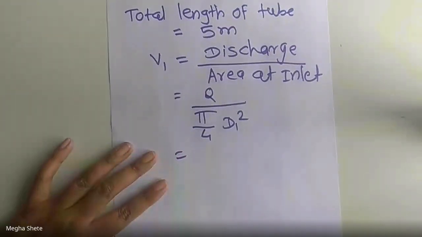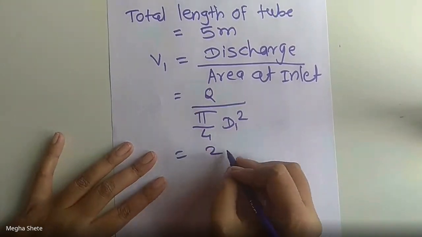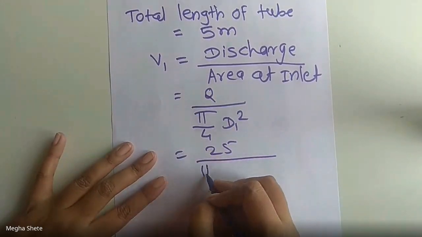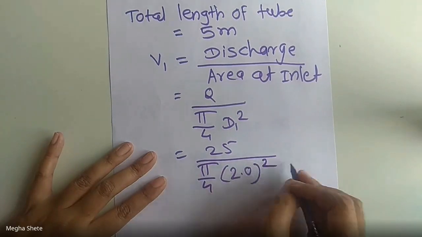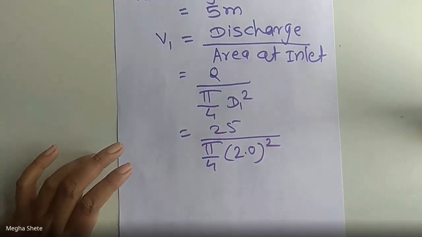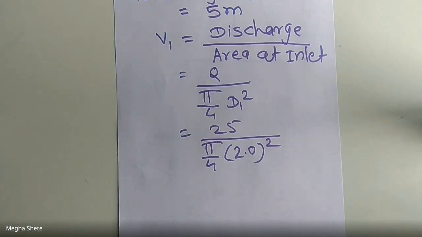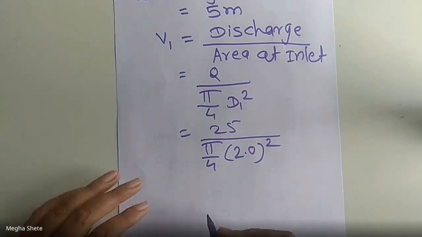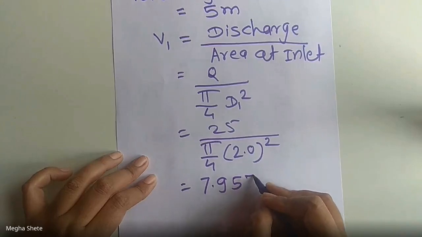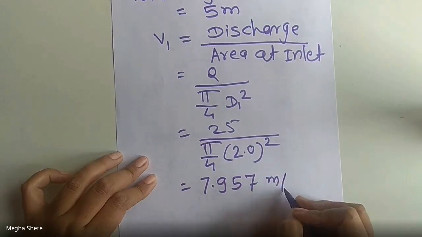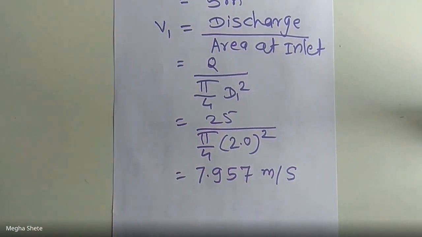Putting the values, Q is 25, pi by 4, D1 is given as 2, that is square. Calculate this value. Yes, this value is equal to 7.957 meter per second.